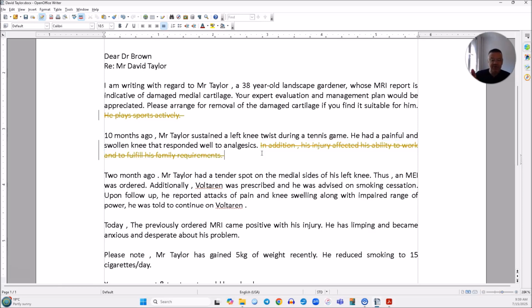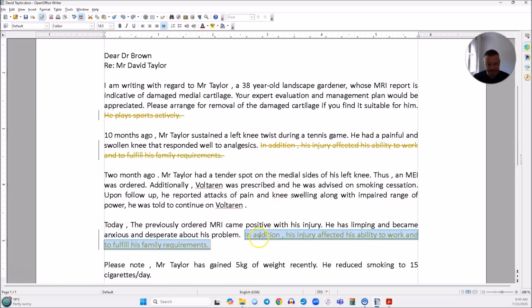You can maybe put something lower down, like why he is anxious and desperate. Actually, if we think about it, this might be better if we put it there. I'm not going to change it, but I would put it there. So you're grouping your information.